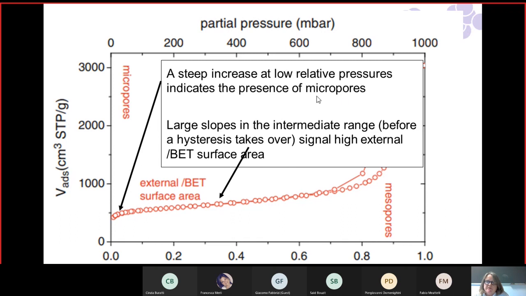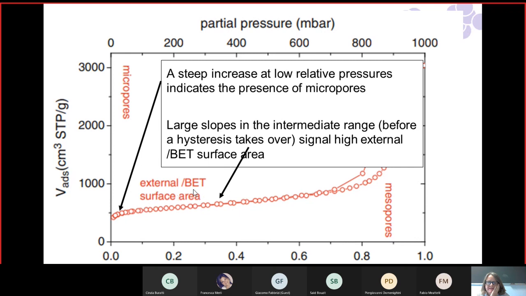So there's probably some micropores there versus straight. Then this slope here is related to the surface area. The higher the slope, the higher the surface area. So if it went like that, it would have a higher surface area than something that goes like that.